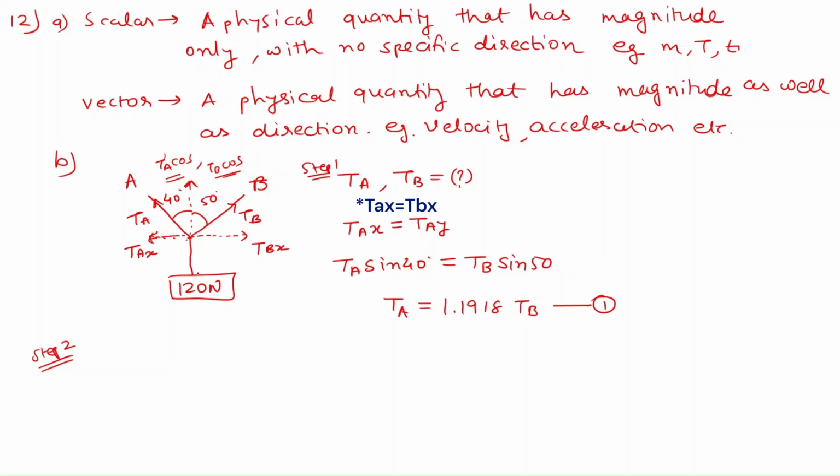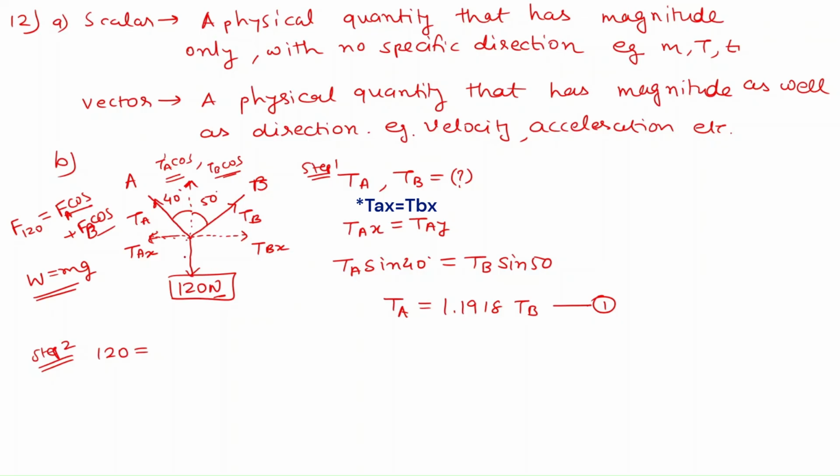In this direction, it is also a static equilibrium. So the force due to this 120, it is also a force, not a mass, because it is Newton. Okay, means W is equal to mg. You have to equate this force due to 120 with the force of TA cos component and TB cos component, so that it is in equilibrium position.